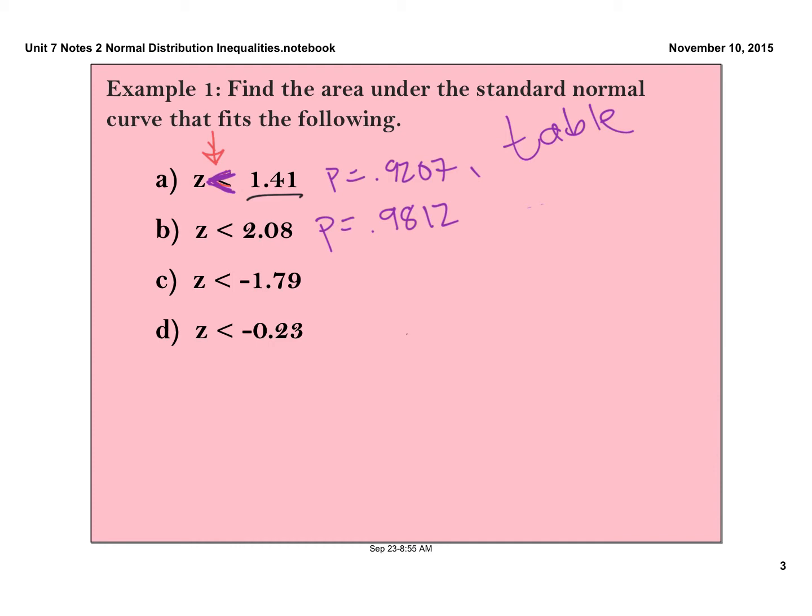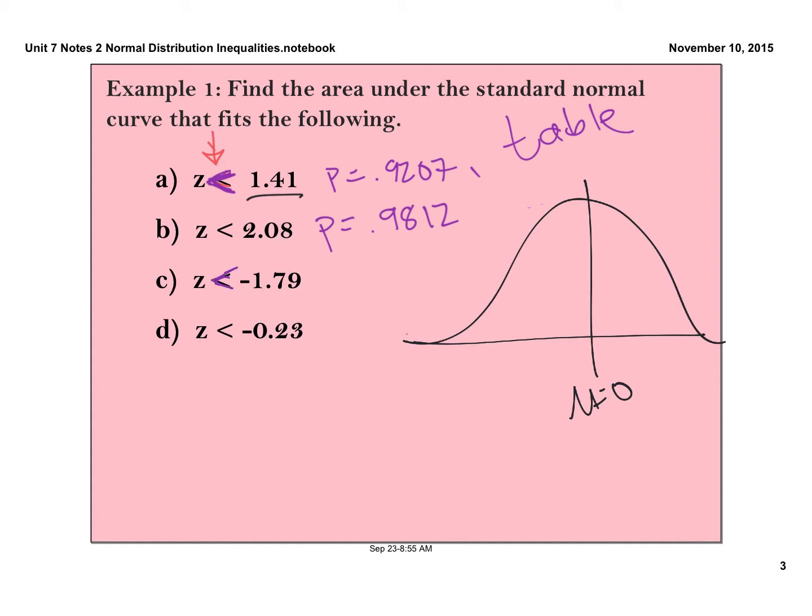Okay, so let's take a look at the third one. Now I'm going to draw my curve again. So my normal curve looks like this. Here's my normal curve. I draw these a little bit different every time. Sorry. Now I'm looking at Z being less than negative 1.79. So negative 1.79 would be out here somewhere. This would be like my Z equaling -1.